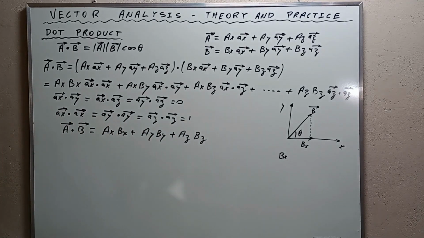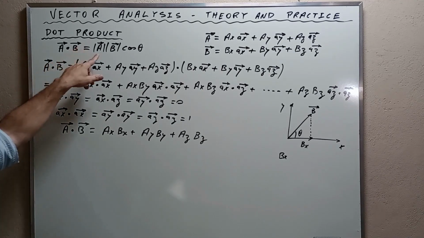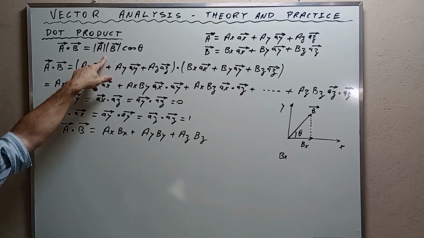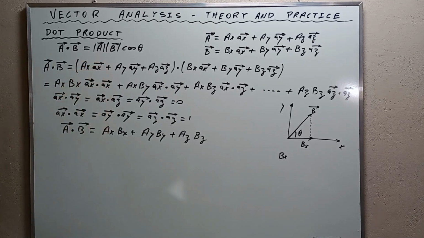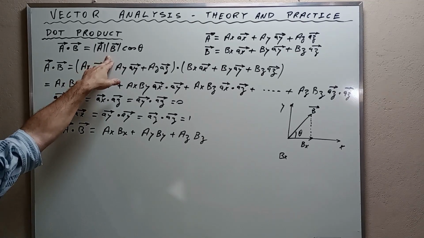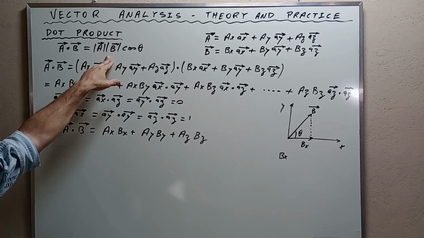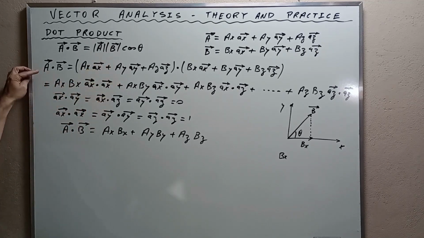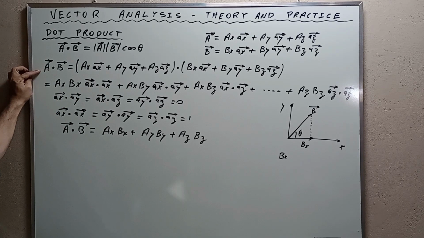If you didn't, I shall mention it to you. The dot product is a multiplication. The cross product is a multiplication too. Okay, they are vector multiplications. What is the difference? The result of the dot product is a scalar. Okay, it is a number, not a vector. If you compute the dot product between two vectors, you're going to find a scalar, a number.